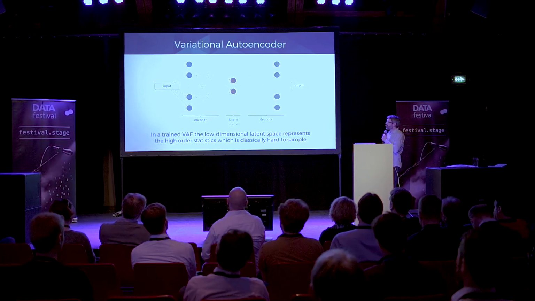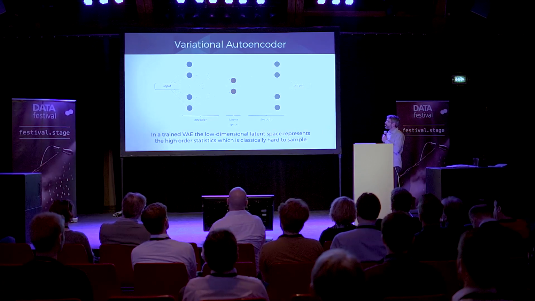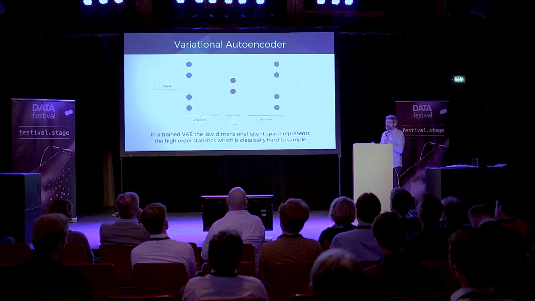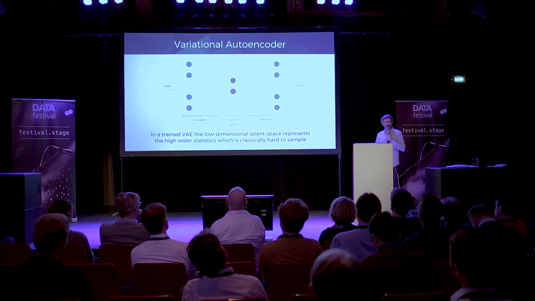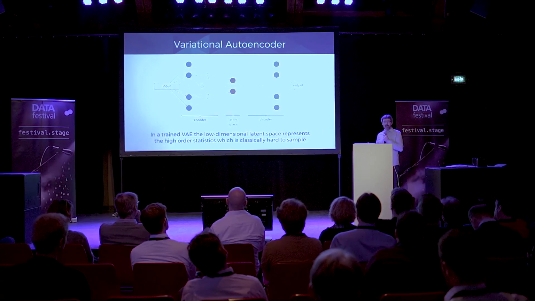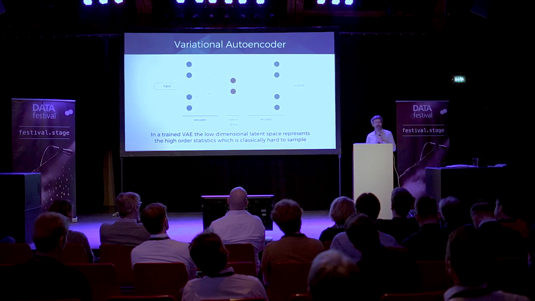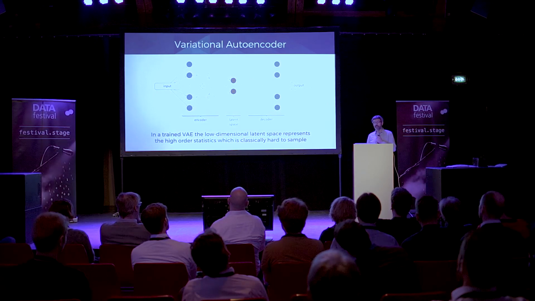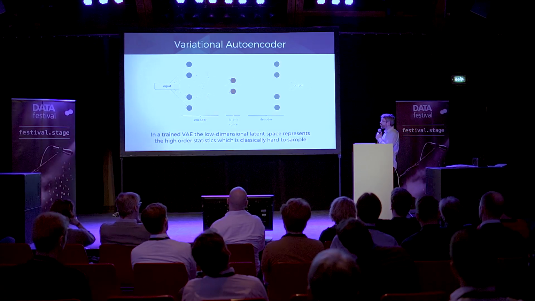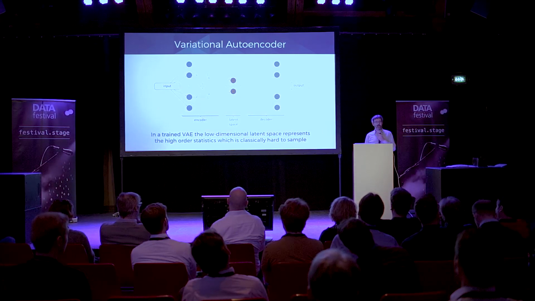If you train such a network by demanding that the input equals the output, you basically encode all the statistics about your data sets within the latent space. The latent space is a low-dimensional space which represents the high statistics of your data set. And the problem here is that usually sampling this data set is a hard task for classical systems.